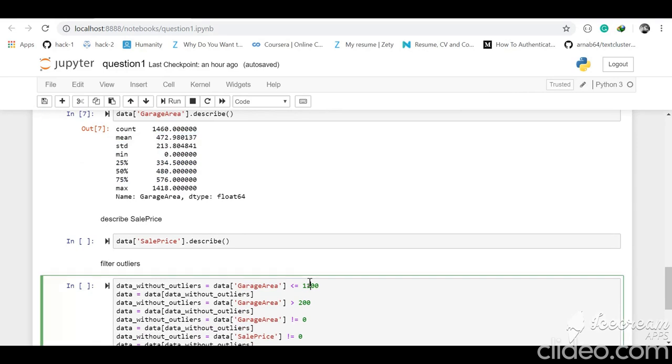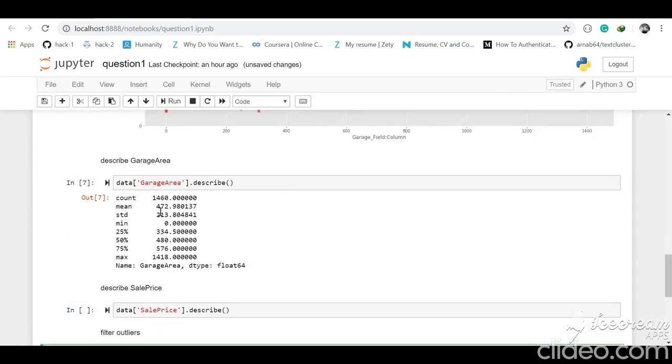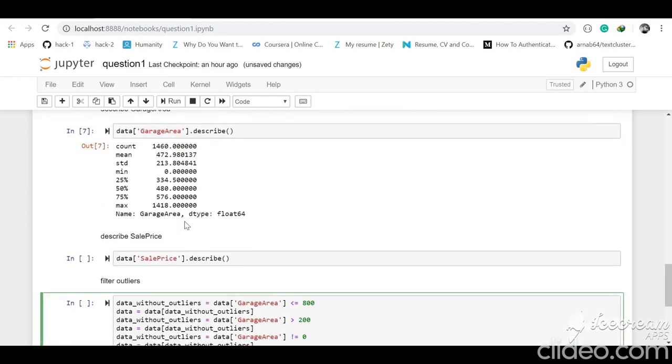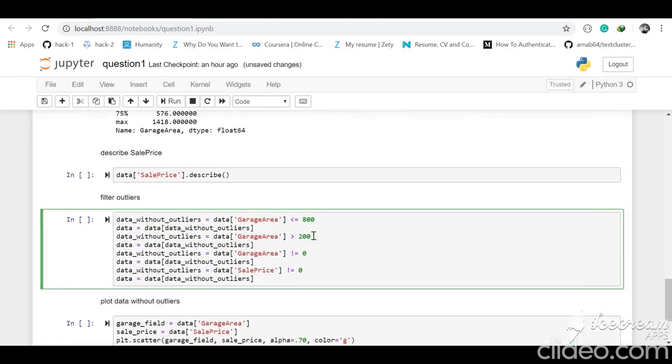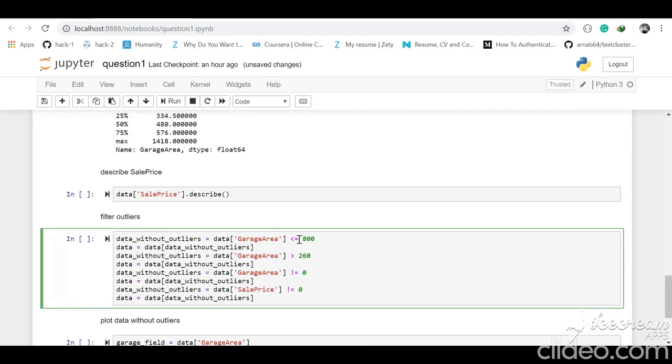So the garage area which is greater than 800 is going to be our outlier, and 472 minus 213 is about 260, which again is going to be our outlier. So our target is going to be the data points which are less than 800 and greater than 260.